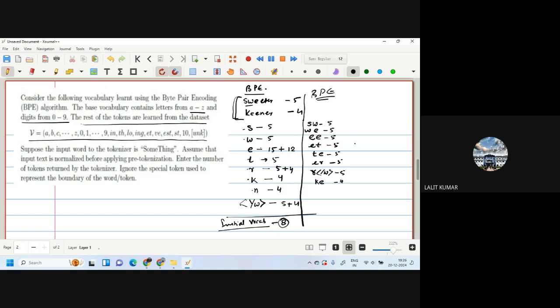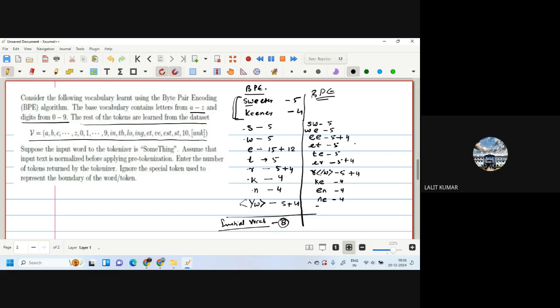This is EE, so EE is already there. It will get added here, 5 plus 4, 9. EN 4. NE 4. ER is already there, so it will become 5 plus 4. And RW is already there, so this will also become 5 plus 4, 9.